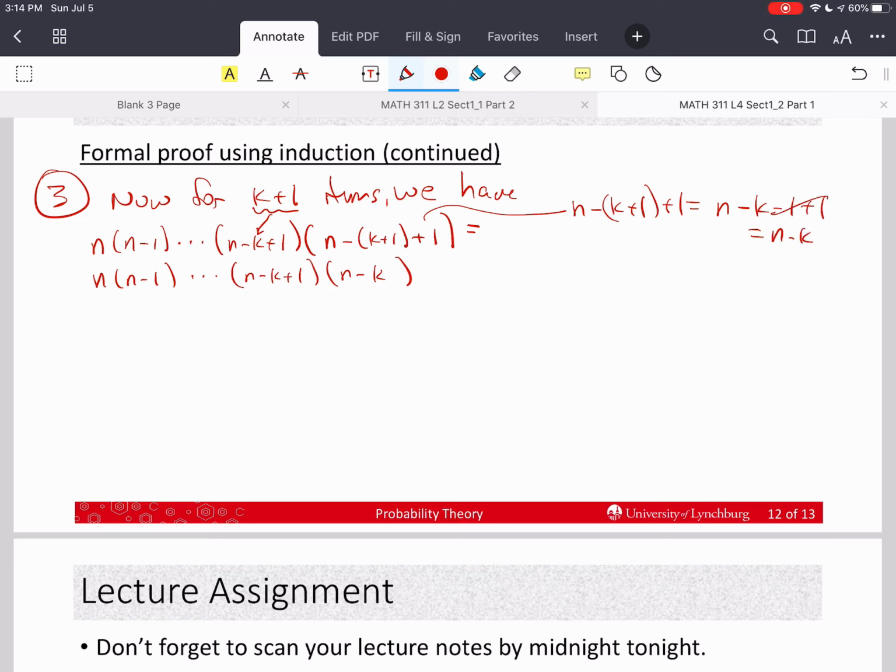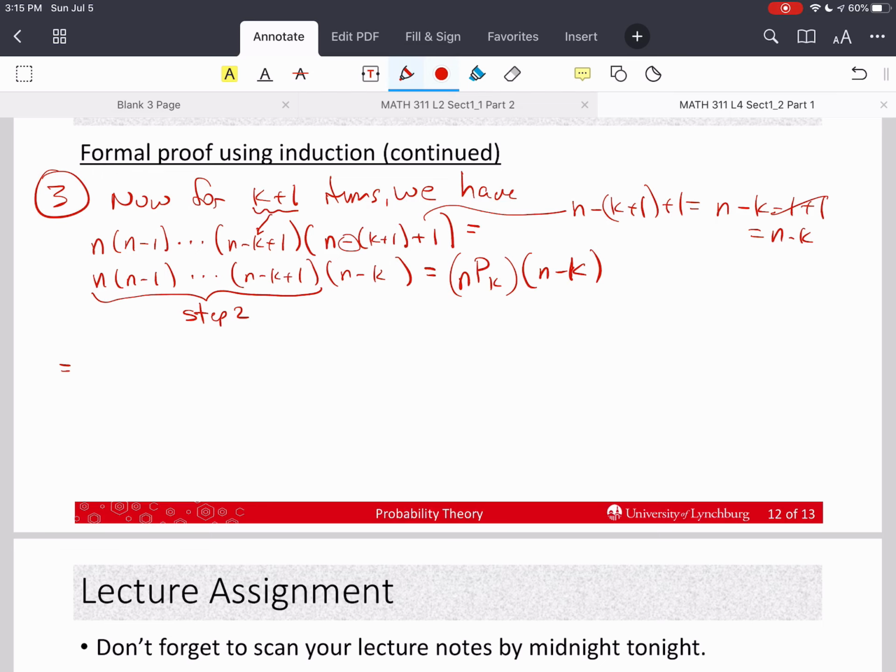Please keep your signs straight. When you distribute this negative, do it to both of them. All right. And we can say that from step 2, we had that this was equal to nPk, and so that's going to be times n minus k. All right.